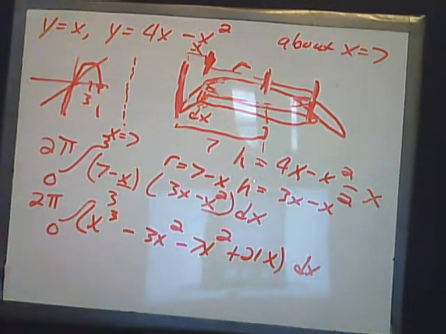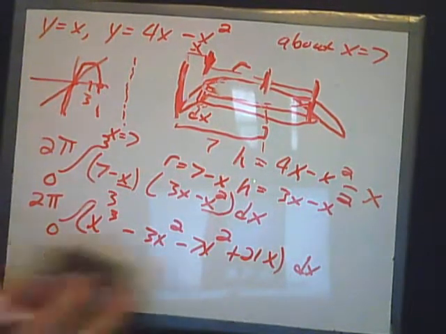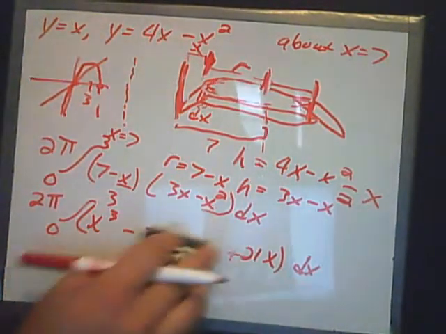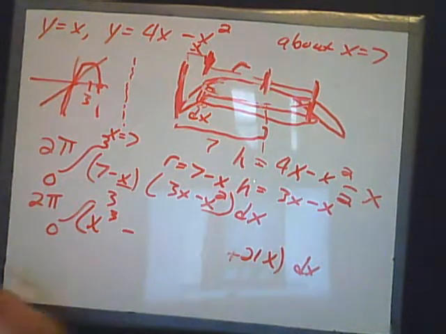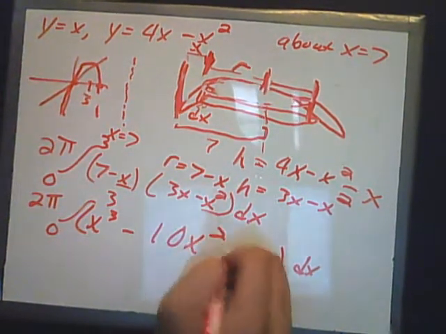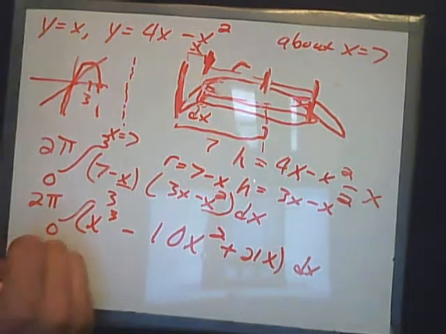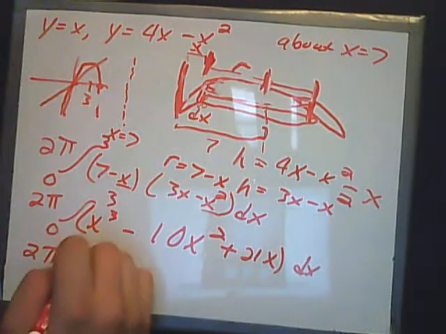Alright, now we can combine minus 3x squared and minus 7x squared to make a minus 10x squared, so we'll do that right away. Let me know if I'm going too fast for you. Now we are ready to integrate it. We're going to just drop that 2 pi down.